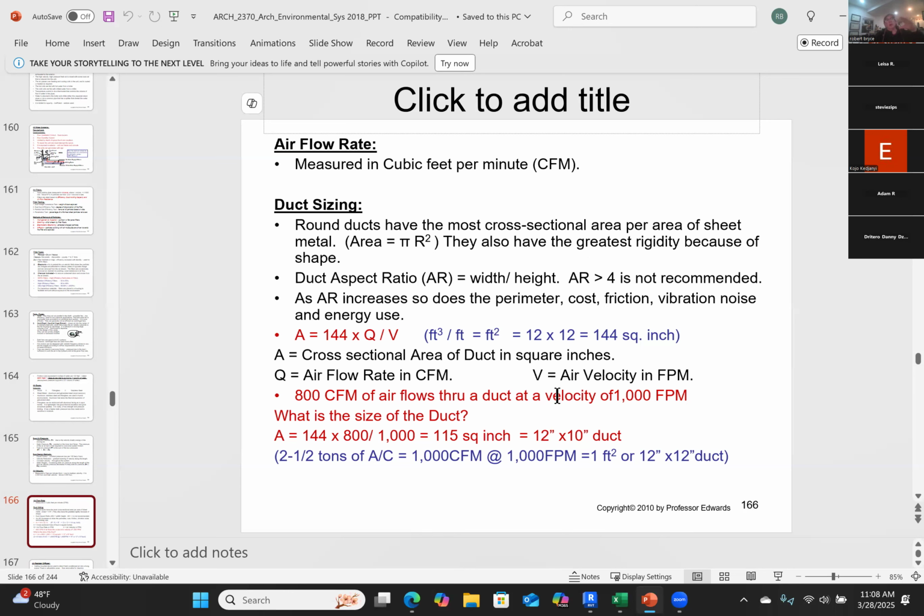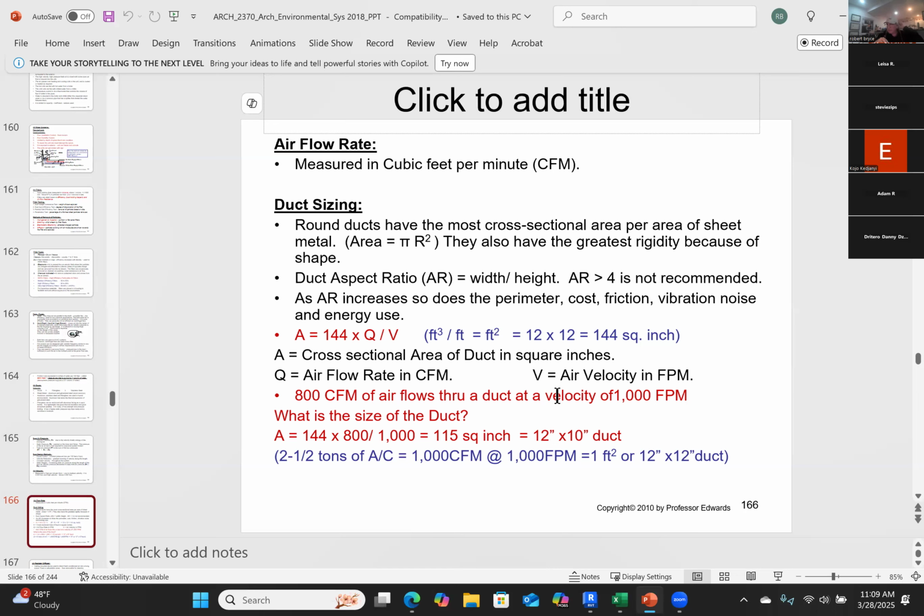So if it's 10 by 10, 10 inches horizontal, 10 inches vertical, then neither is greater than the other, so that would be fine. But if one were 3 inches and the other were 10 inches, that would be greater than a 4:1 relationship, and that would not be efficient.